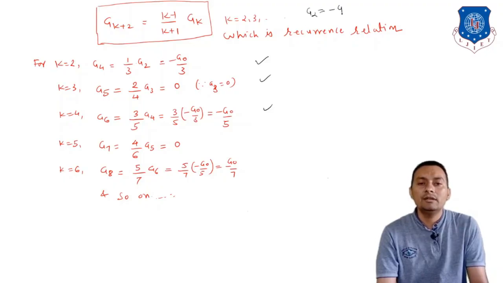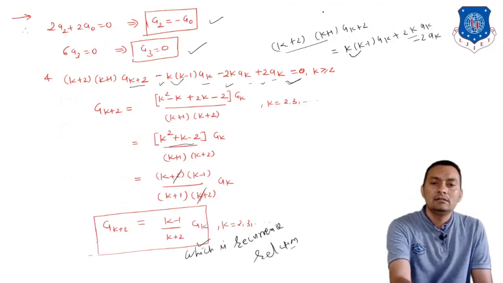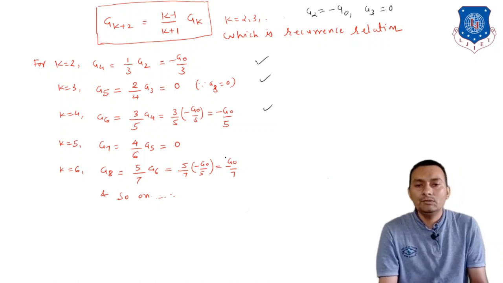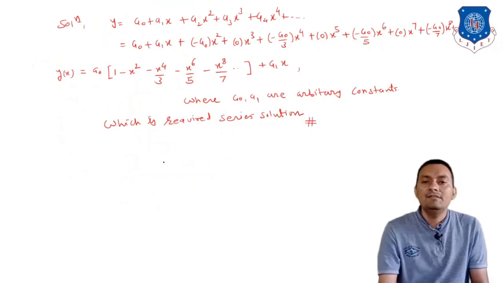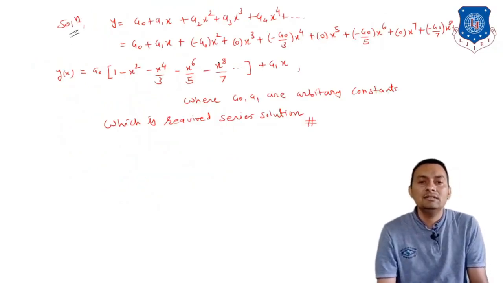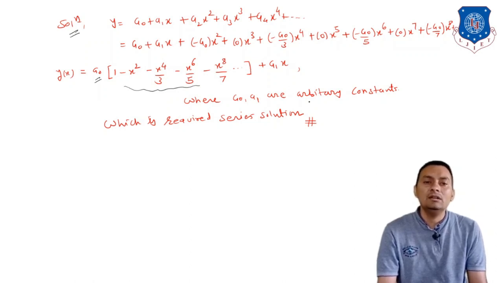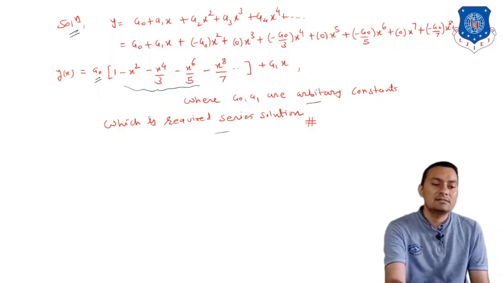We will use that a2 is equal to minus a0 and a3 is equal to 0, that is the rule that you can use, and you can find all these constants, and then we will substitute in the assumed solution, and after that we will write a0 as the common, and we have the function, and plus a1 times x, and this is where a0 and a1 are arbitrary constants, and this is the required solution.